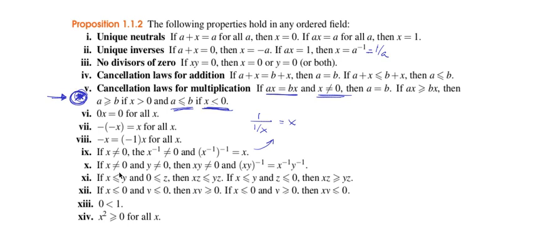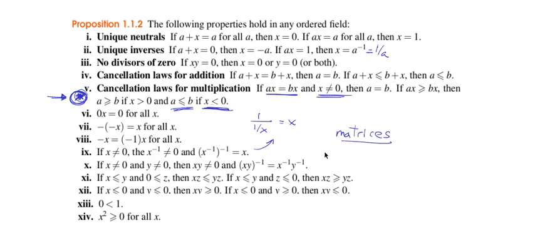Now 10: if x is different than 0 and y is different than 0, then x times y is not 0. And the inverse is the product of x to the minus 1 times y to the minus 1. And well, this is important, for instance, when you have matrices. So you will deal with this in linear algebra.